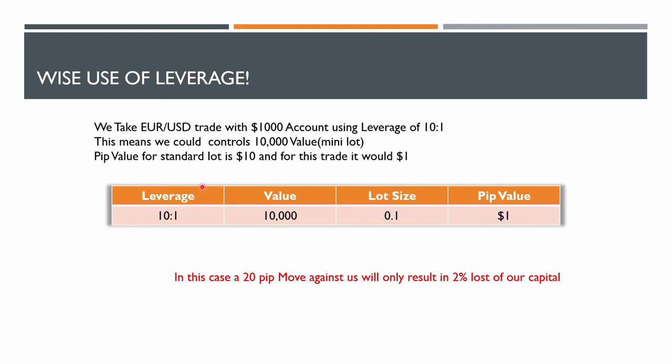So the leverage is 10 to 1, the value we could control is 10,000, and the lot size is 0.1, which means a pip value of $1. Just in case the trade goes against us 20 pips before it moves in our favor, we are only down about 2% instead of the full account size as in the example we saw earlier.